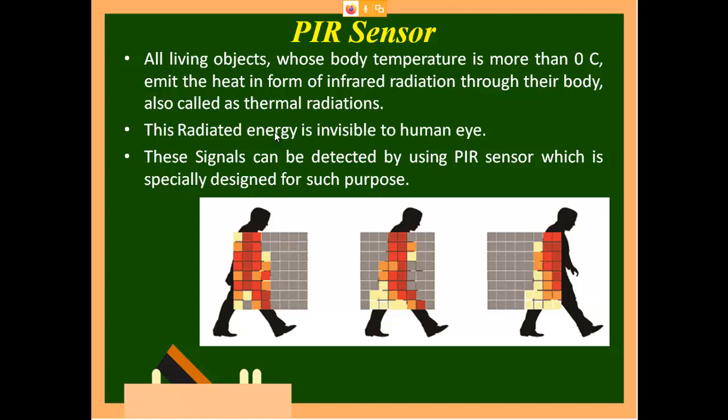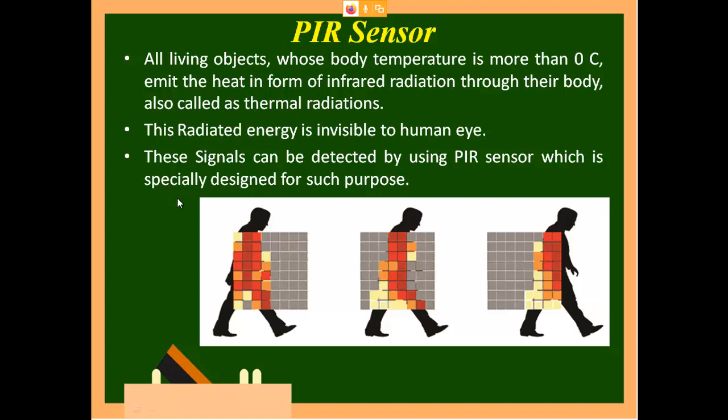So when the temperature is red, closer to your body it will be dark red in color, and the temperature of our outer surface will be less, so that is a light reddish color, and outside your clothes it will be very low in temperature, so that will be yellow in color.